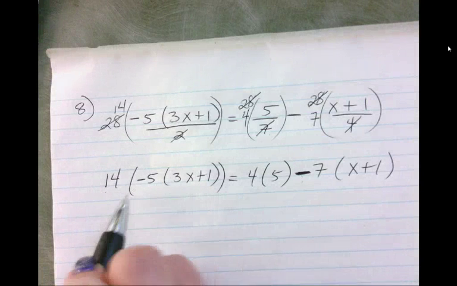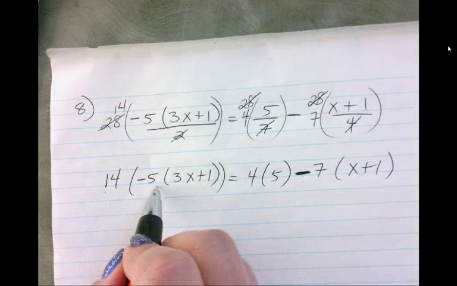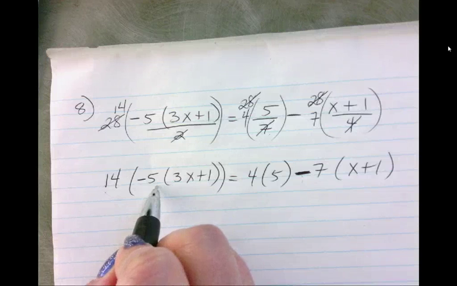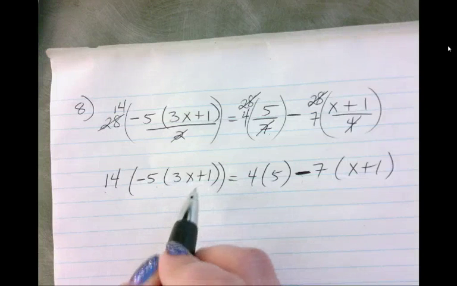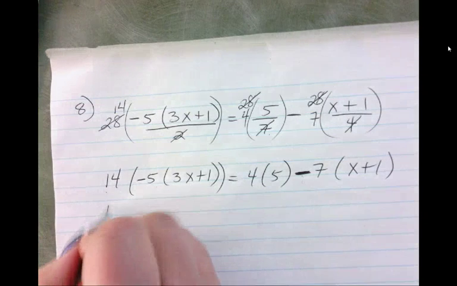Here I've got a 14, and I've also got a negative 5, and then I have a bracket. You have two choices. You can multiply the 14 and the negative 5 together first, or you could multiply the negative 5 through this bracket. What would you like to do? You want to multiply the negative 5 through?